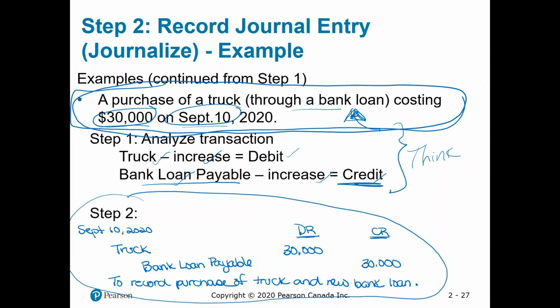We broke it up just because we're learning all of these different steps and how to get to debits and credits. But once you get to the actual questions, you'll just see the question, and all you'll need to write is the journal entry. All right, we will look at step 3 in our next video.